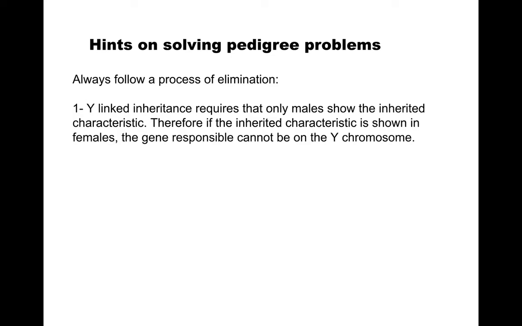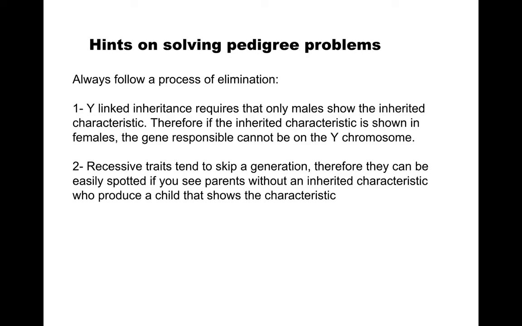If Y-linked inheritance is one of the choices, then what you should see in the pedigree is expression of that characteristic only in males. So if you see females showing the characteristic, then the gene responsible cannot be on the Y chromosome, because females don't have a Y chromosome.